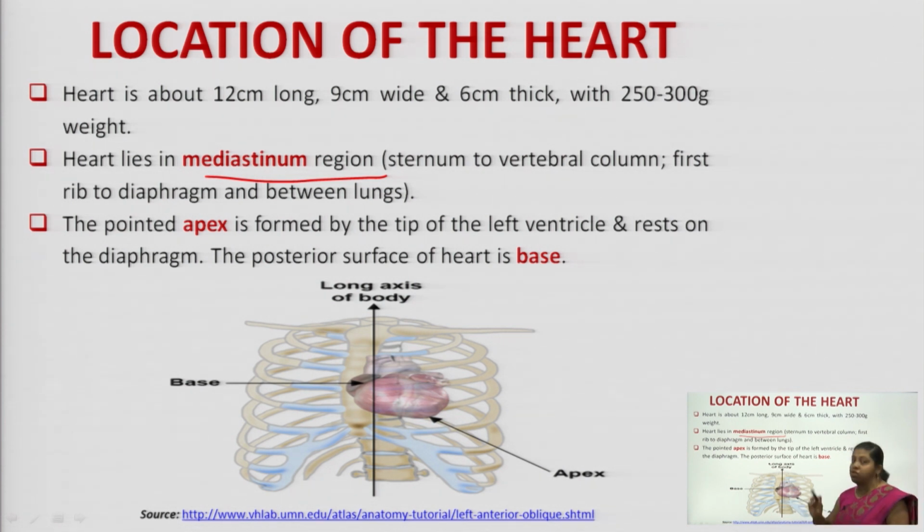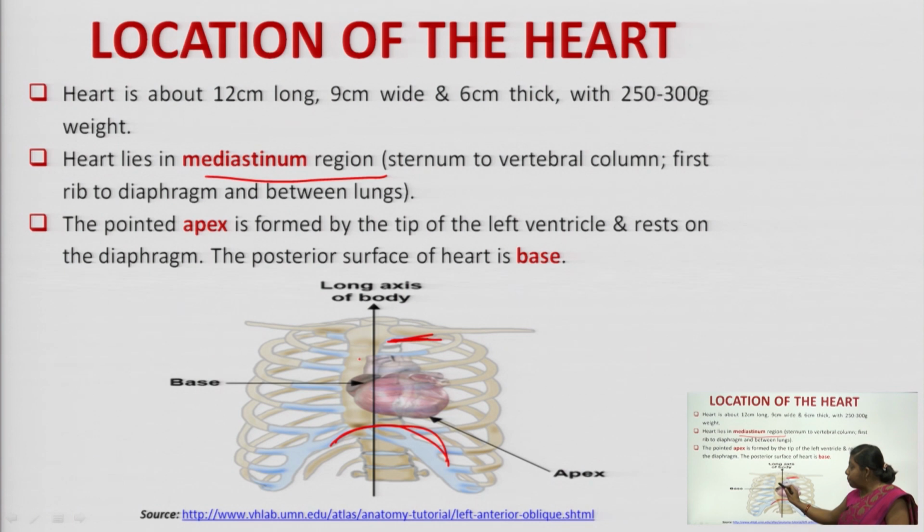So in this picture you can see this is your first rib. Fine. So from here your heart is starting and it is residing upon the diaphragm. So top region it is your first rib. Downside it is the diaphragm.